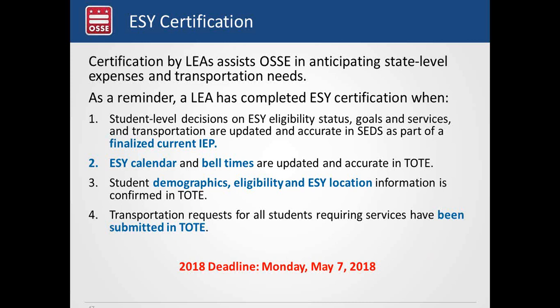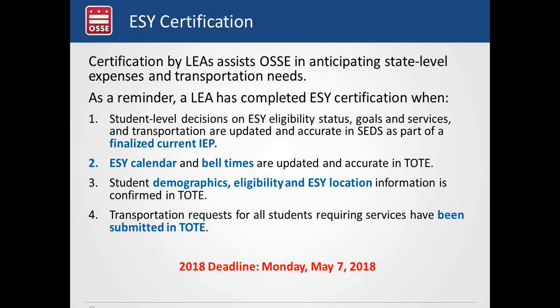We want to make sure that the calendars are correct and also the bell times for the entry and dismissal times as well, so we can pick up the kids and drop off the kids on time. And if you do know your kid's ESY location, we'll make sure that information is in there as well. So just making sure that all the information that you need for your students' transportation for ESY is correct. That's our certification process.